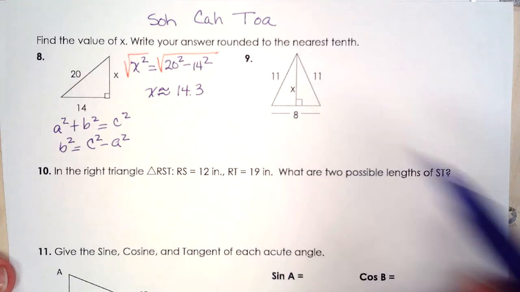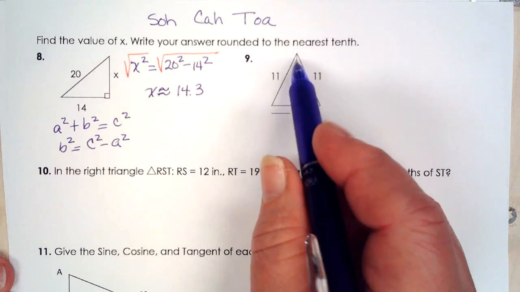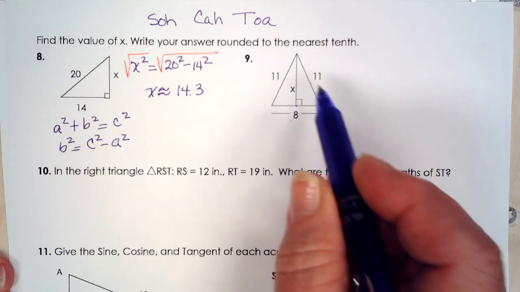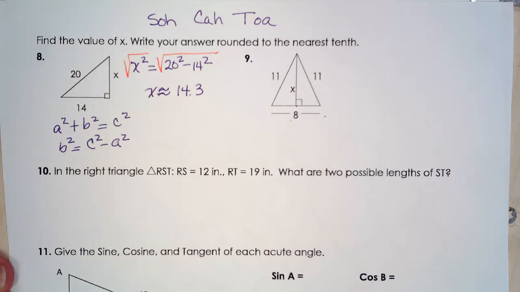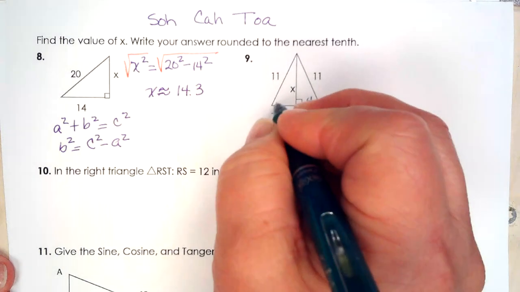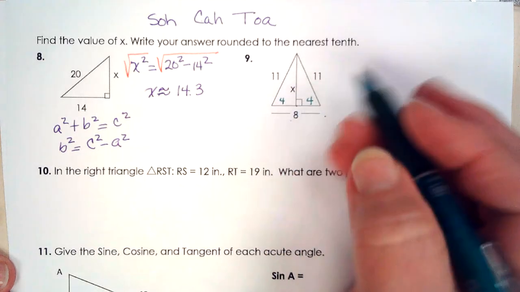So for the next one, we know that the hypotenuse is 11. We're looking for a leg. If the whole thing is 8, what do we know about each of these pieces? Each of those pieces will be 4 because it will cut it in half. Once again, I know the hypotenuse. I'm looking for a leg.